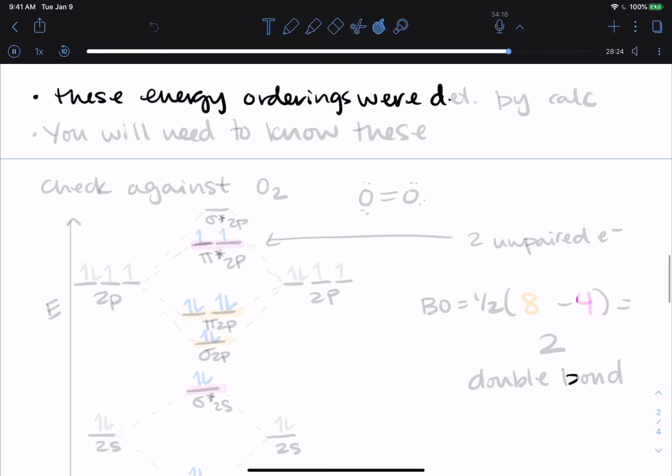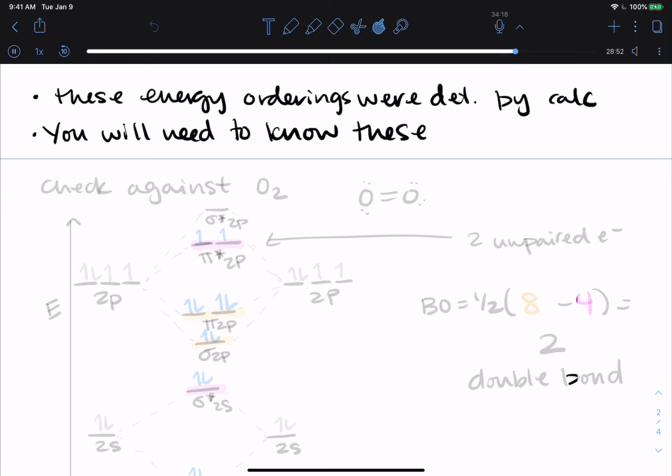You will need to know these diagrams, and you will need to know when to apply them. So I may just ask you to draw an MO correlation diagram for C2, and you'll have to know which one to pick, and you'll have to put it together.